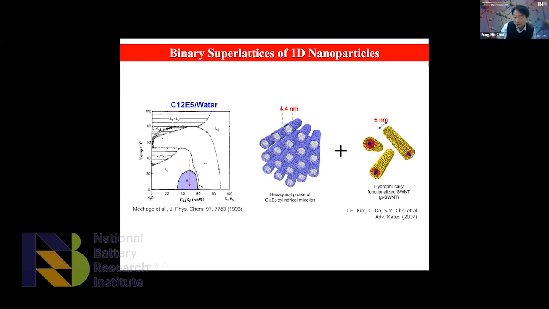Here, this yellow particle is a carbon nanotube covered with surfactant. You can consider this as a 1D object. And this one has a slightly larger diameter than the surfactant cylinder.